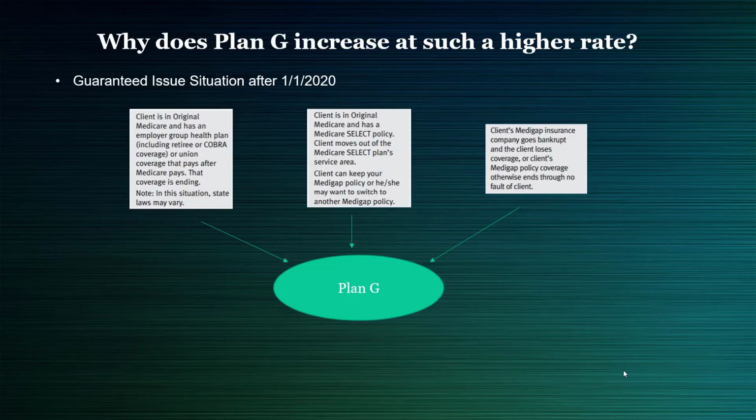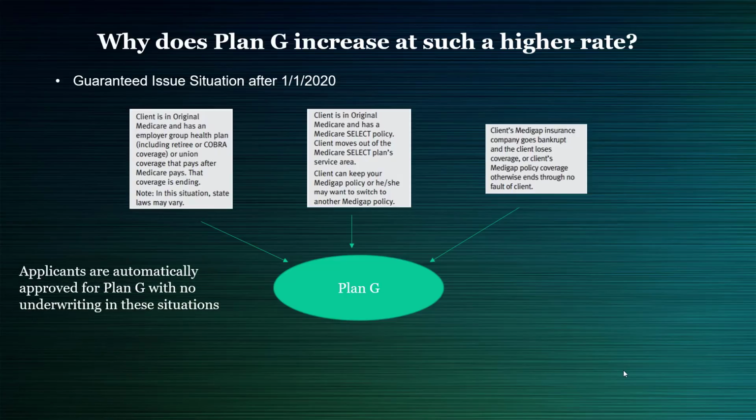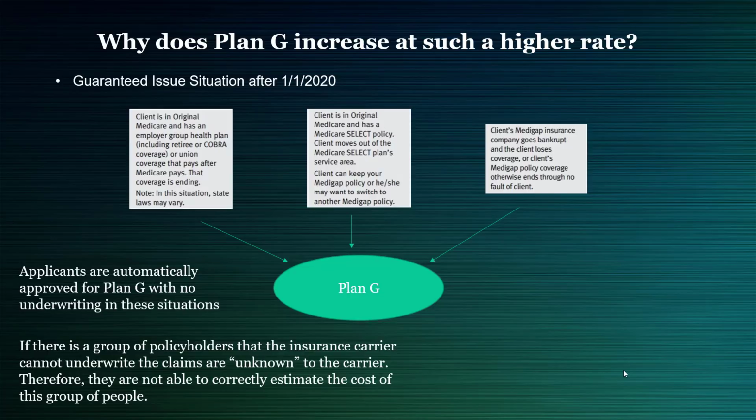So because there is no medical underwriting required in these situations, there's always a group of people now on the Plan G that become almost an unknown to the insurance carrier. There's no way to tell their claim history. There's no way to estimate the cost of this group of people because they're just automatically getting approved for a Medicare supplement plan. So the insurance carrier isn't able to correctly estimate what the cost of that group is going to be. So this is one example why the Plan G increases at such a higher rate.